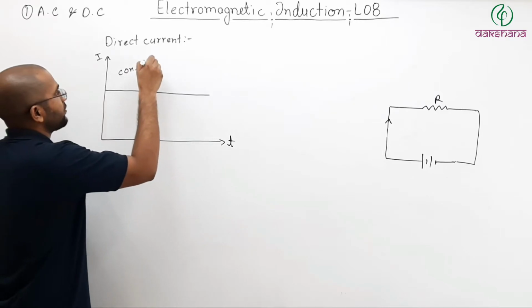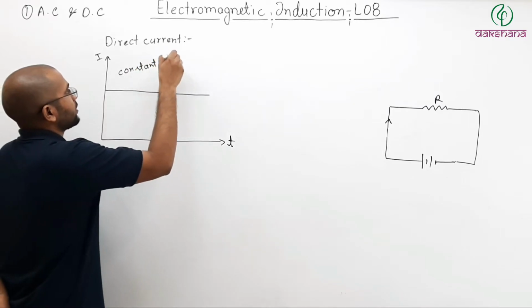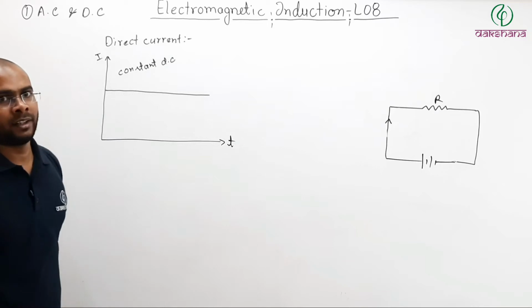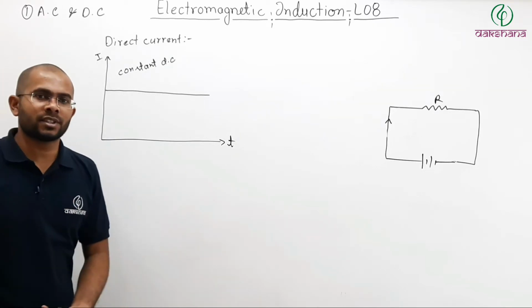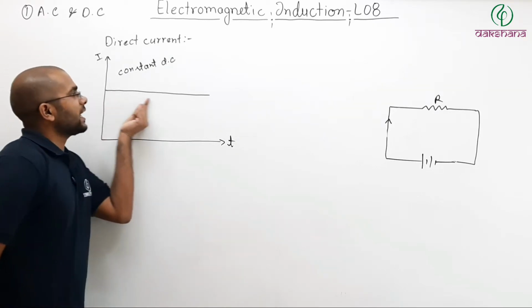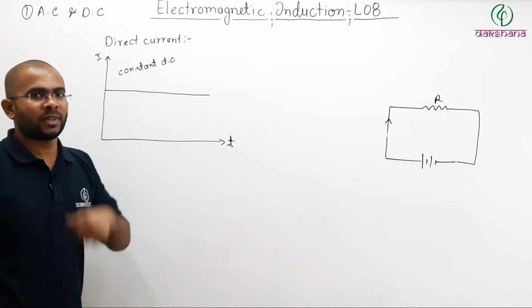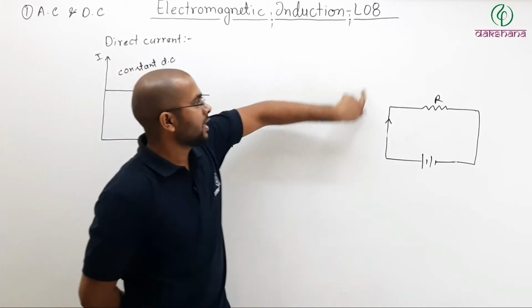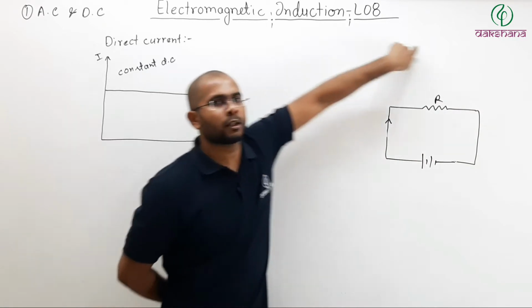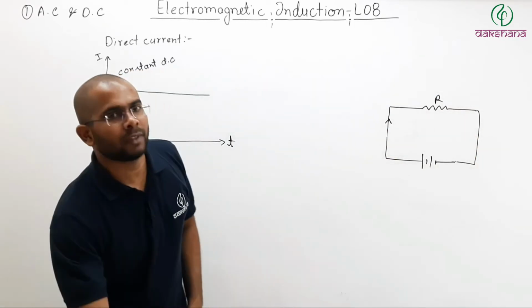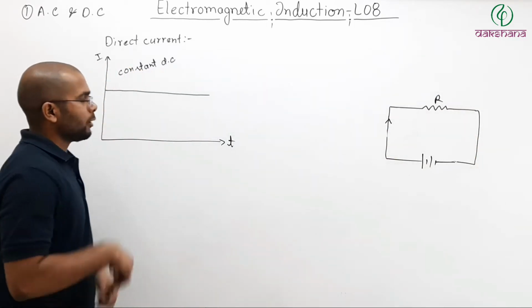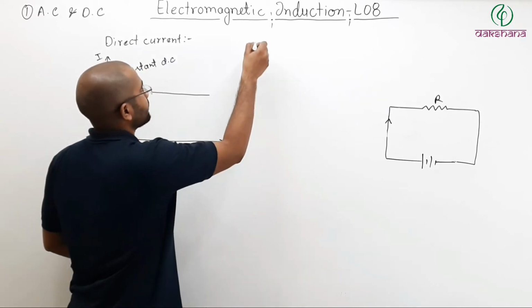In different books, different names may be given. Constant DC current, because the magnitude is constant and the direction of flow is also constant. What is the meaning of direction of flow? In this circuit, it will always be clockwise. Direction will not change.